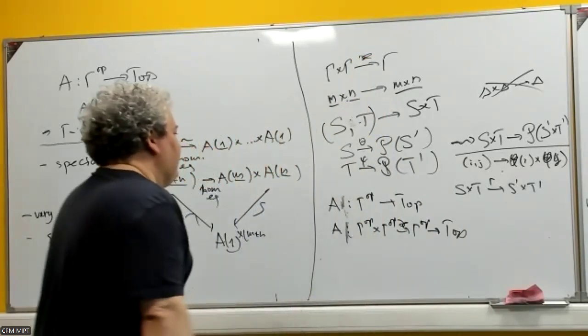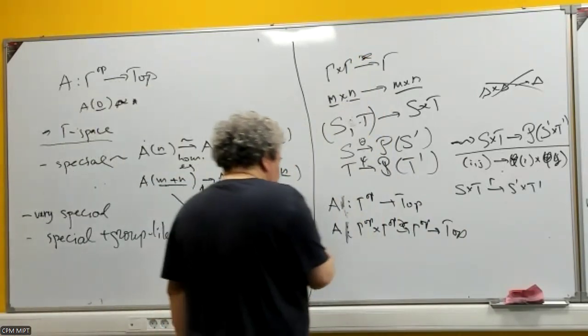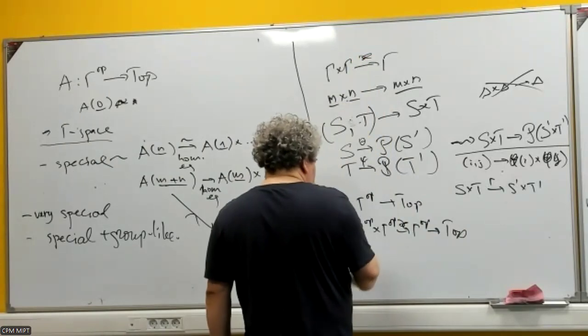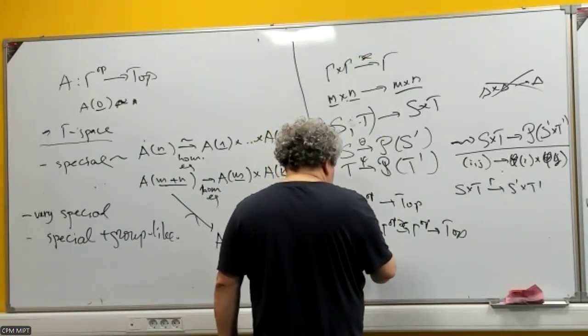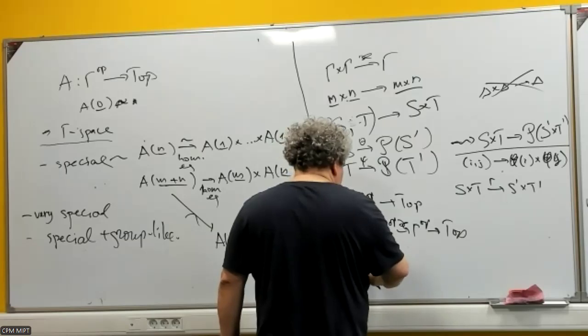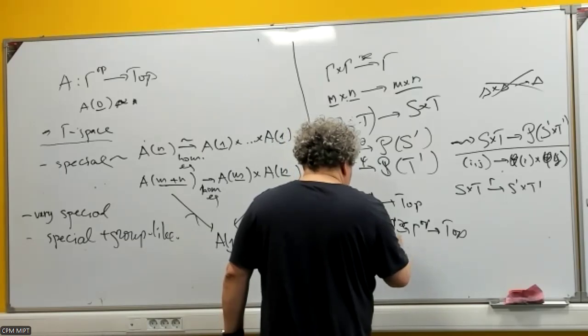In particular, if you take the realization, we can define it as A of n, m, where these are two objects.